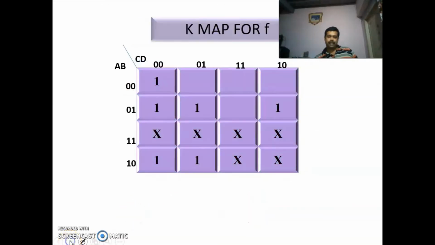Okay. Next we are going for F. For F you can group these 8 ones, then you can group these 4 ones, then this one you can group here, and this one you can group like this. So these are the various groupings you have to do.